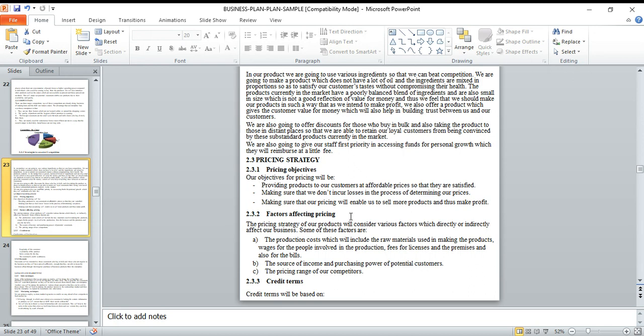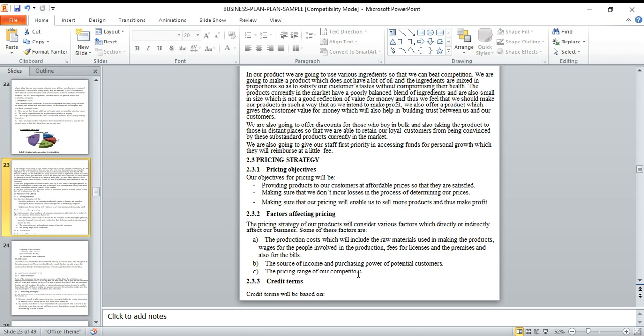The pricing strategy of our products will consider various factors which directly or indirectly affect our business. And some of these factors are the production costs, source of income and purchasing power, then pricing range of our competitors. So those are some of the things that will affect the pricing.